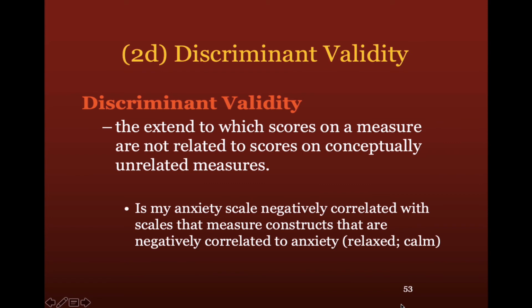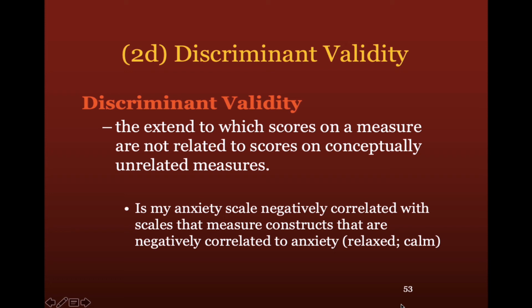Then the last type of validity I'm going to talk about is discriminant validity. So this is the extent to which scores on our new measure of anxiety are unrelated to variables that should be unrelated to anxiety. So you're trying to discriminate between your particular measure and some measure that's kind of like the opposite of what you're supposed to be measuring.